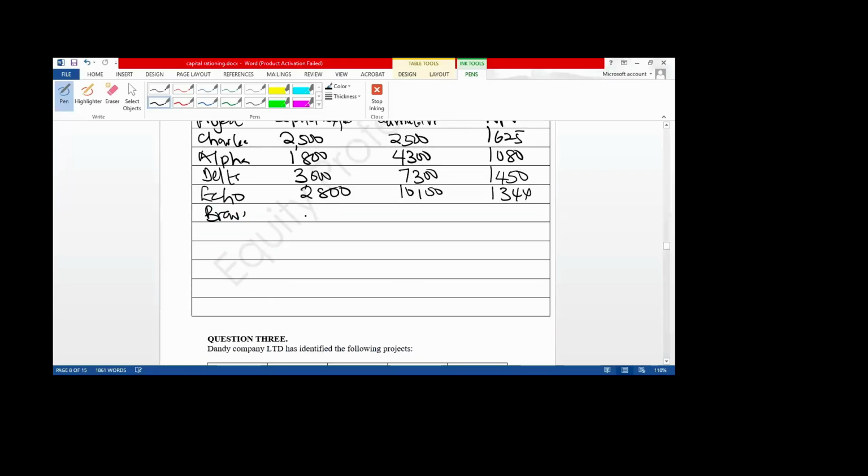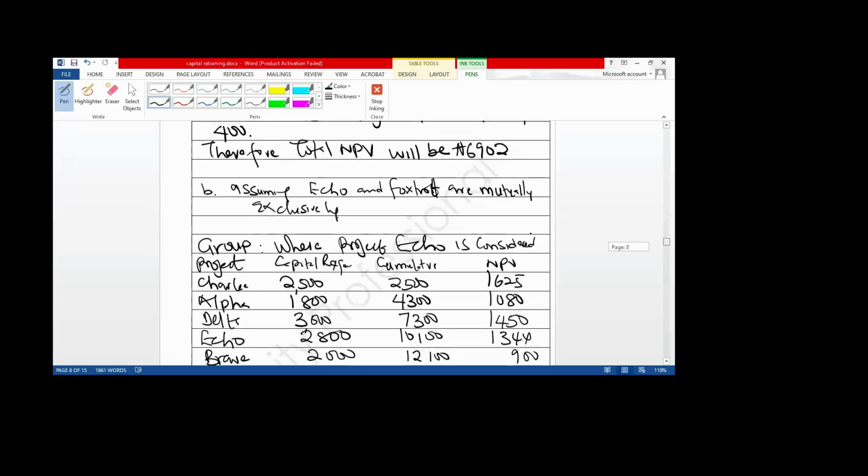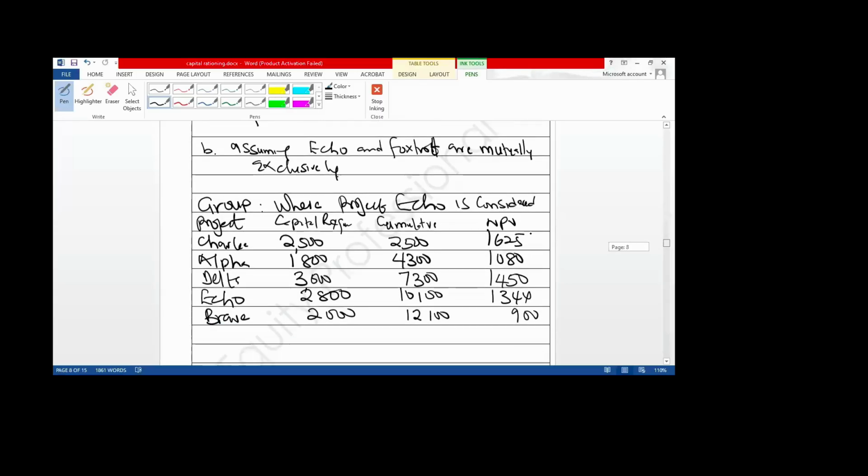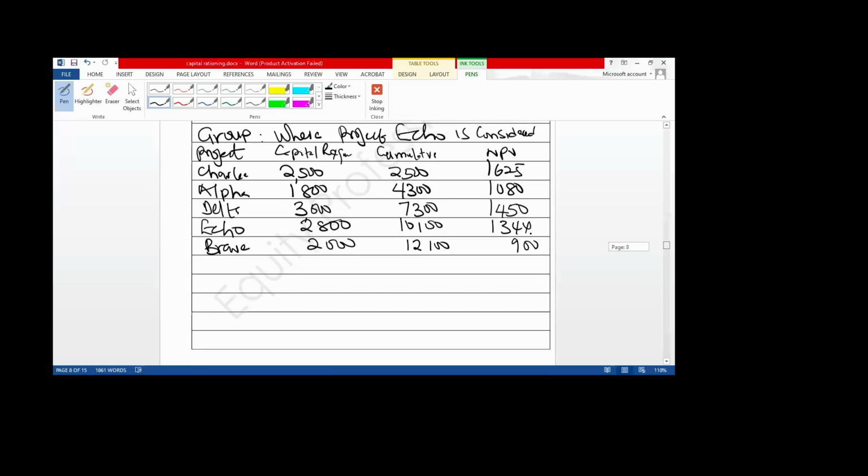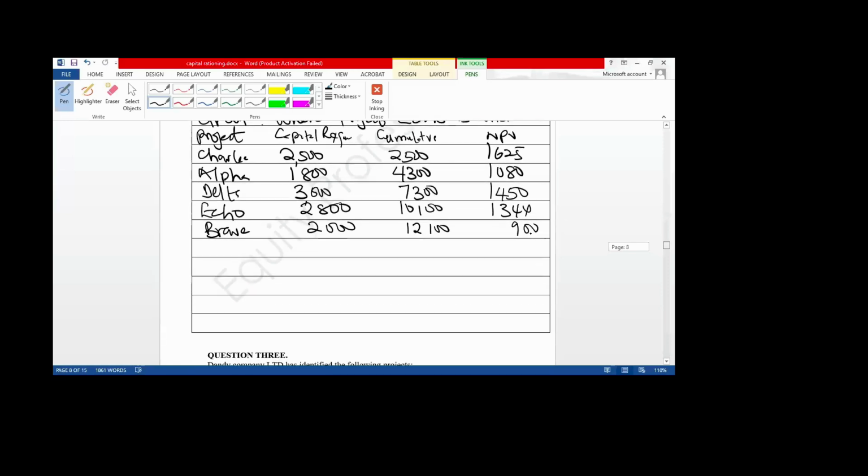Bravo, 2,000. Cumulative 12,100. NPV 900. We cannot accept project Foxtrot because the project is mutually exclusive. Out of 13,000, we have invested 12,100.